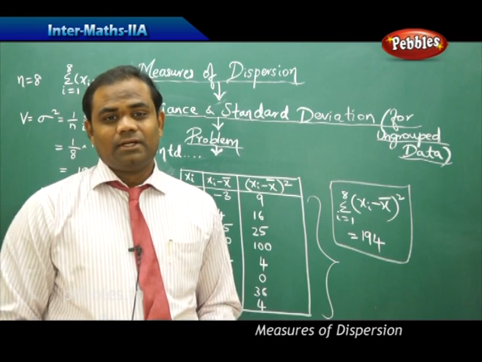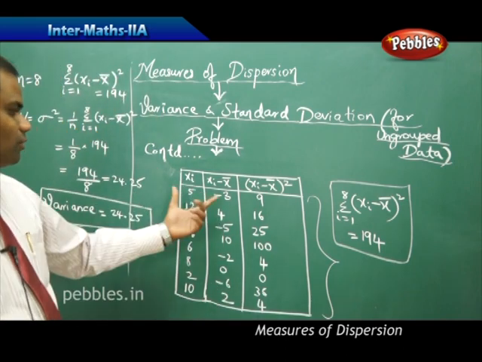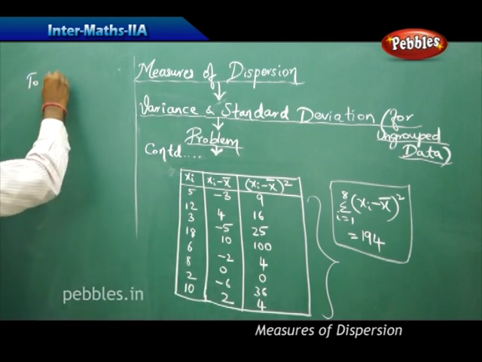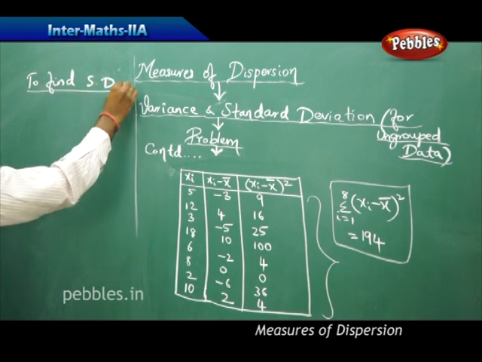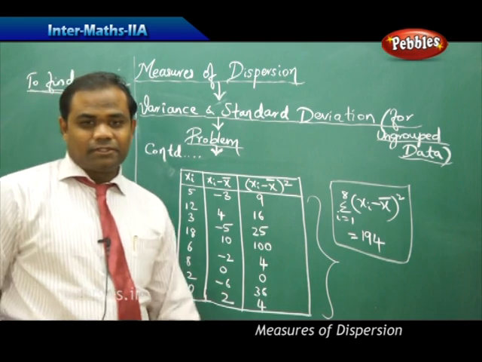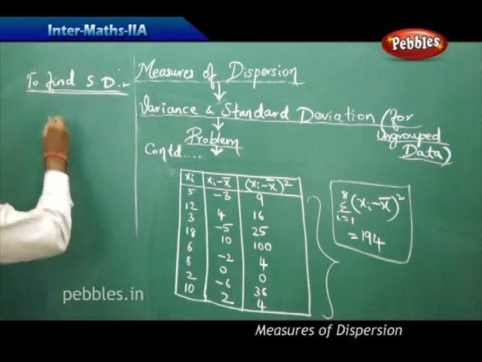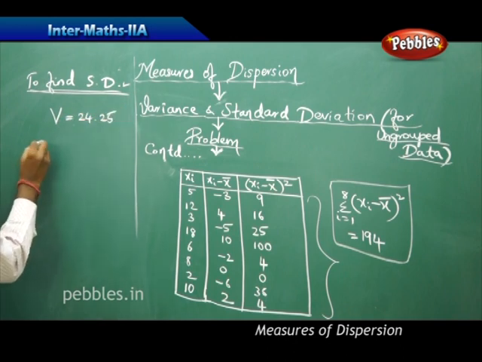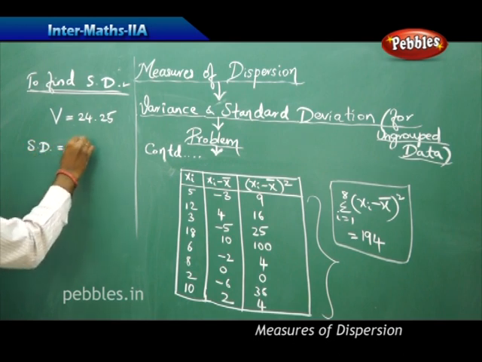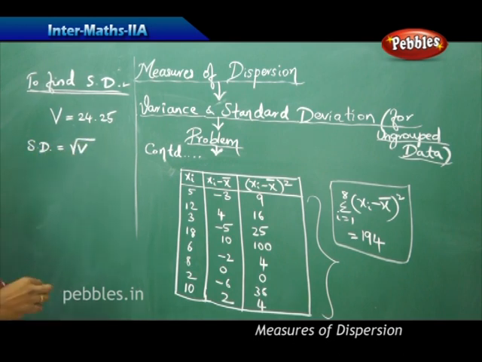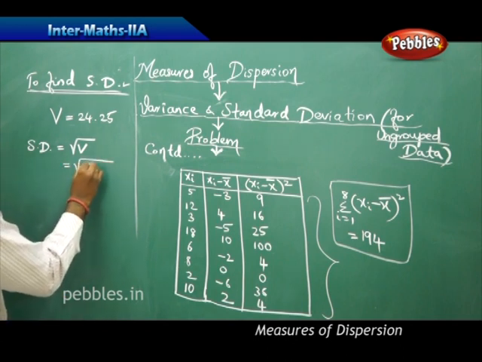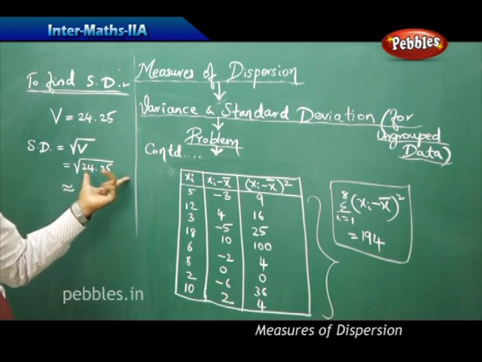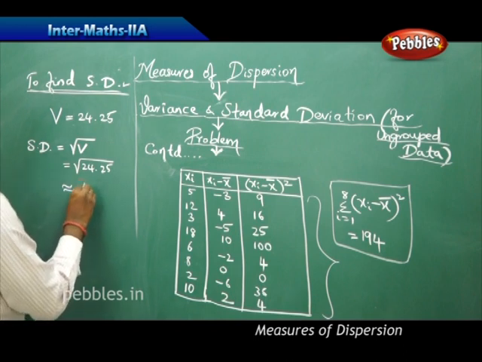24.25 is the variance. Similarly, let's find the standard deviation for the same problem. So we all know that standard deviation is very much associated with variance. Therefore, when my variance is 24.25, then my standard deviation is the root of variance, that is sigma, that is root of 24.25, which, on finding the root, the decimal value gives me approximately 4.95.